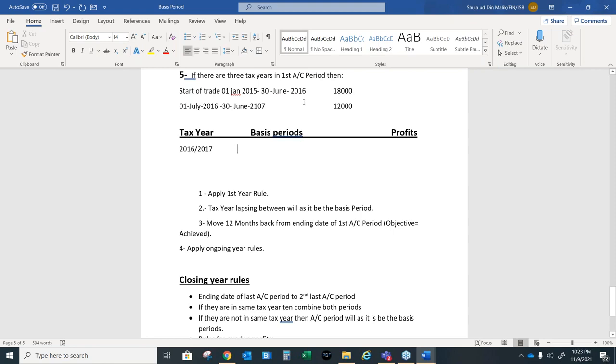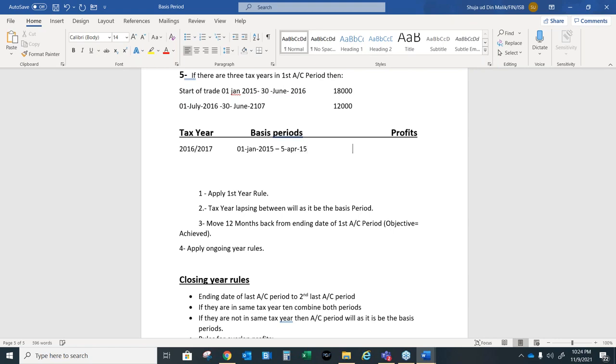Fawad, okay, you have joined back. There are 3 tax years in this case, and in the case where there are 3 tax years, as I've explained, what we will be doing in the first year rule is date of start of business till 5th April, the first tax year end coming our way, 5th April 15.